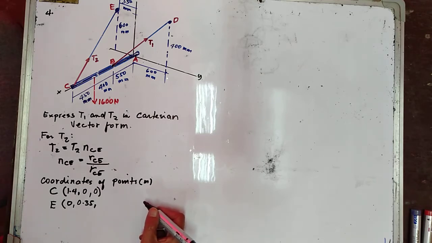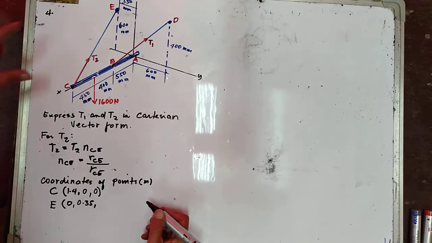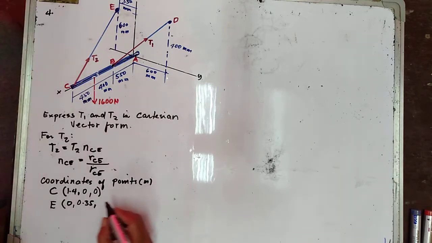And then your z is equal to 600 mm, or that is 0.6 meter.